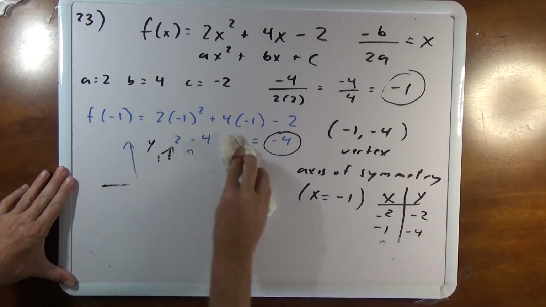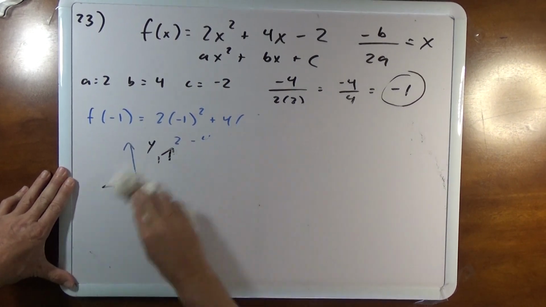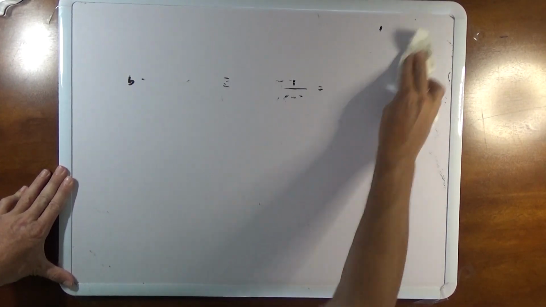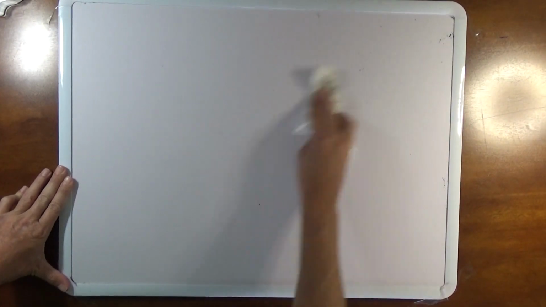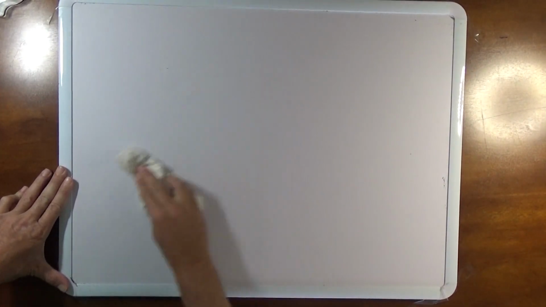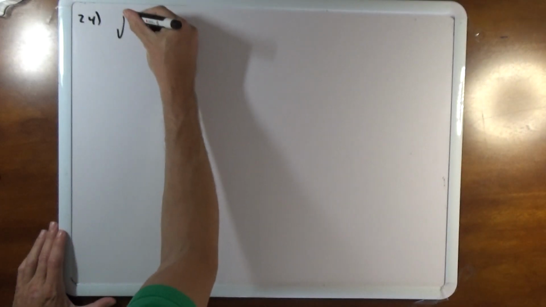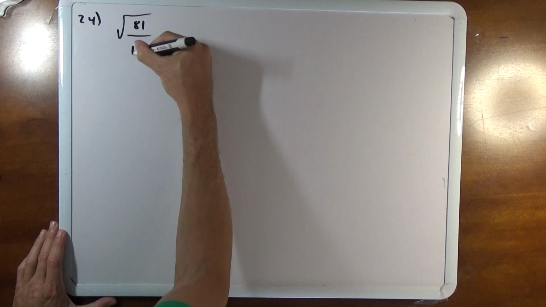It's 23. Says simplify the square root of 81 over 144.